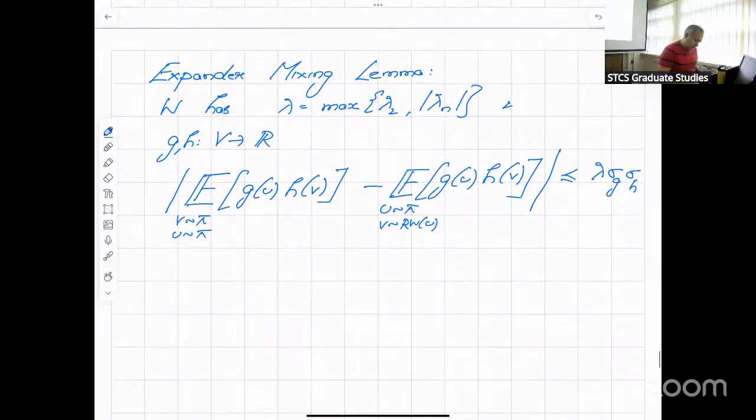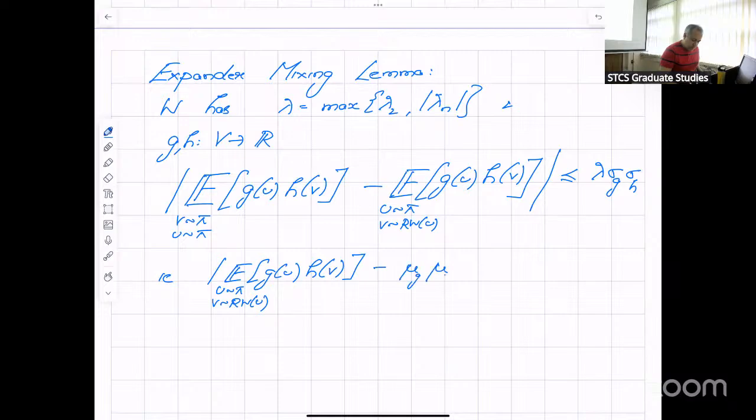Equivalently, the expected value of g(U)h(V), U from pi, V from the random walk of U, minus mu g mu h, is at most lambda sigma g sigma h.